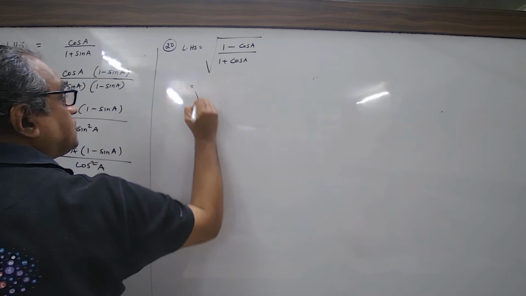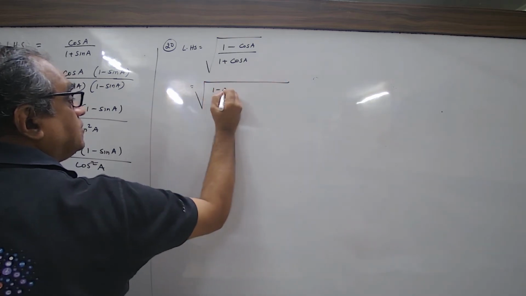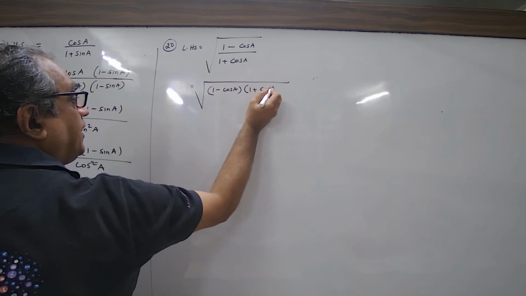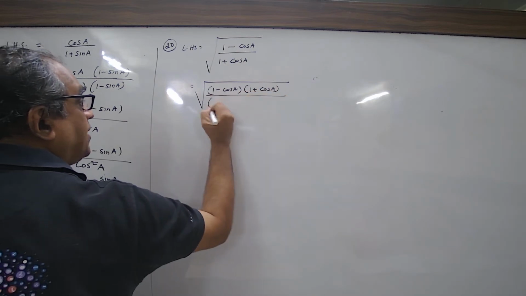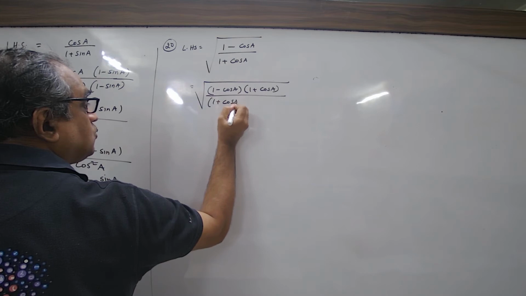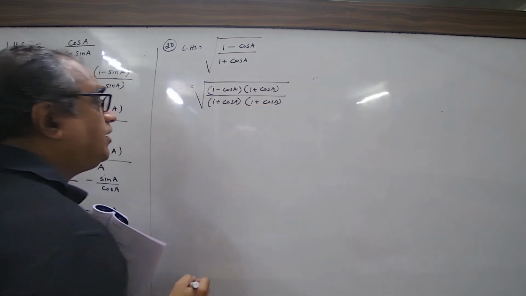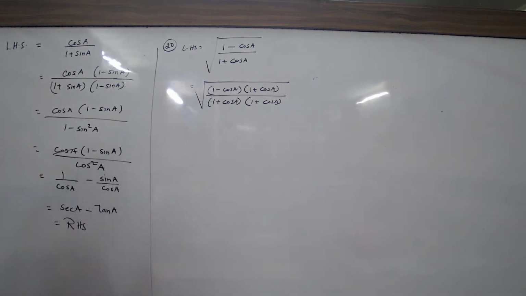So you want 1 plus cos A to remain there. So you will multiply numerator and denominator by 1 plus cos A. This was because you had seen your right hand side, you wanted to keep that 1 plus cos A in the denominator.